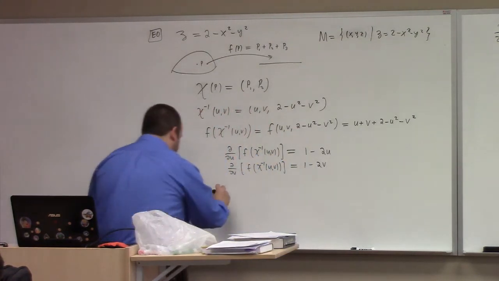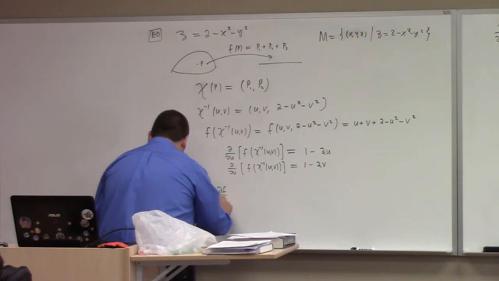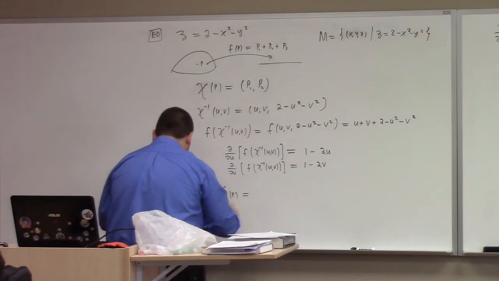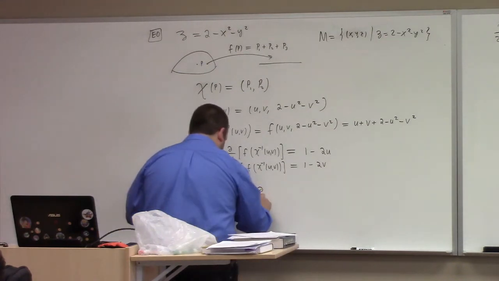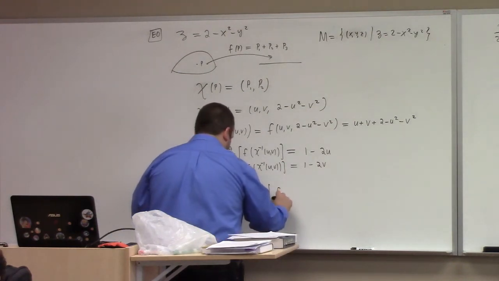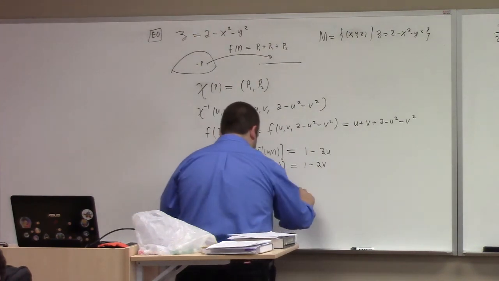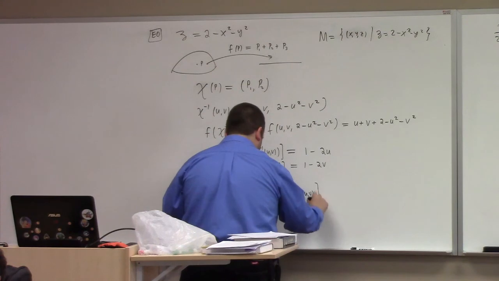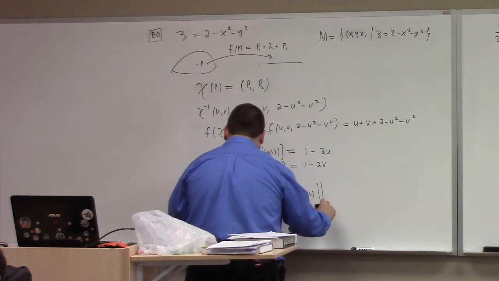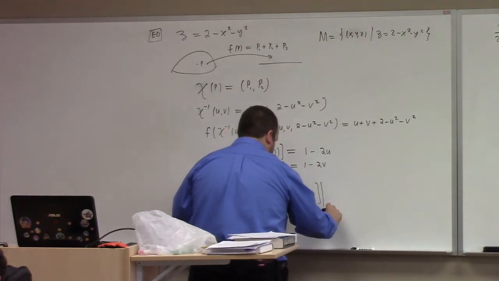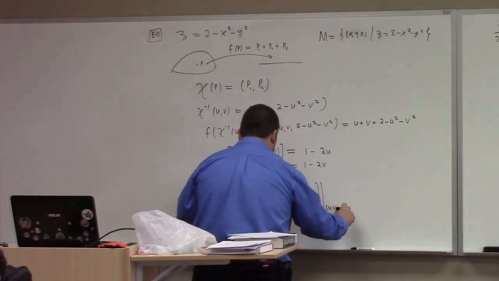So what's next? Partial f, partial x1 at p, is partial u of f composed with chi inverse of (u, v), such that (u, v) equals chi of p.